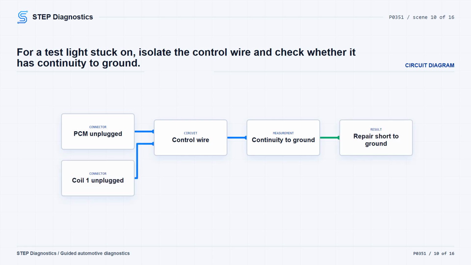If there is continuity to ground, repair the control circuit for a short to ground. Use the wiring diagram to trace the circuit and use any inline connectors to help narrow down the short location. Then verify the repair and confirm the code stays gone. If there is no continuity to ground, continue to the coil and PCM driver isolation step.